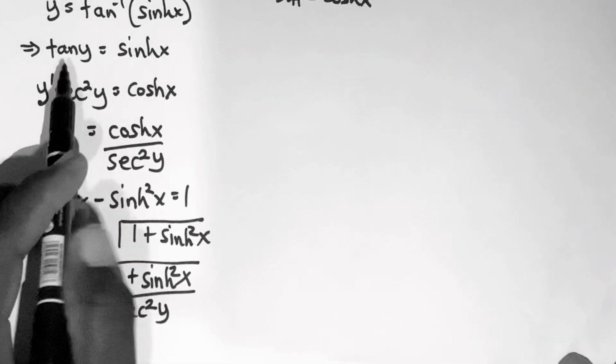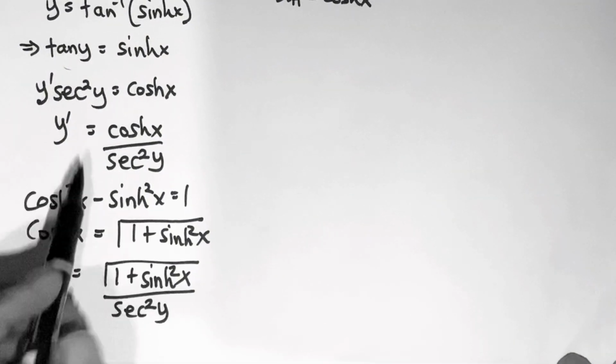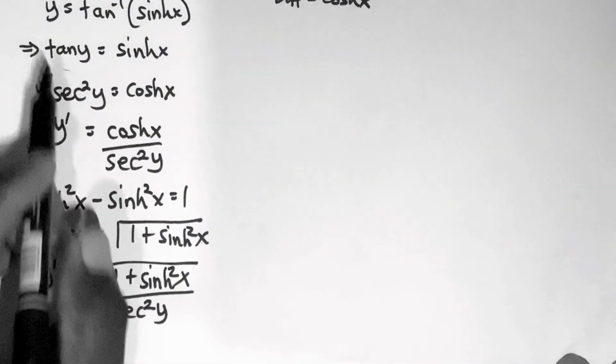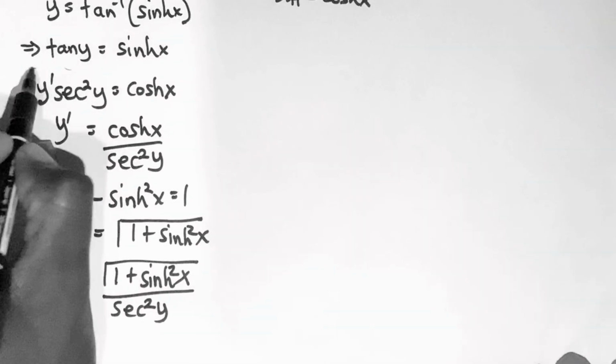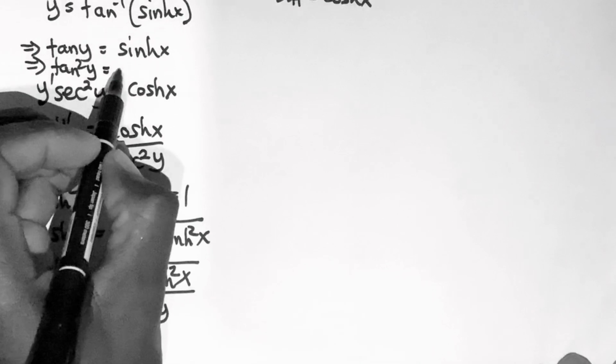But then remember that we said tan y is equal to hyperbolic sine x. So hyperbolic sine squared x is tan squared y. So this implies that tan squared y is equal to hyperbolic sine squared x.